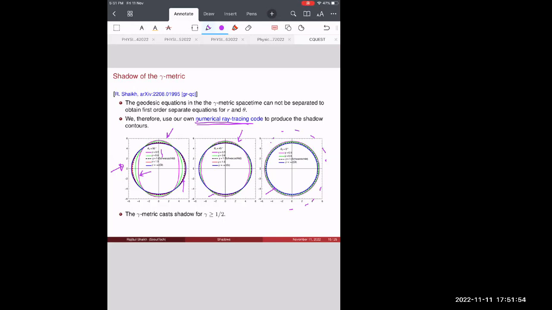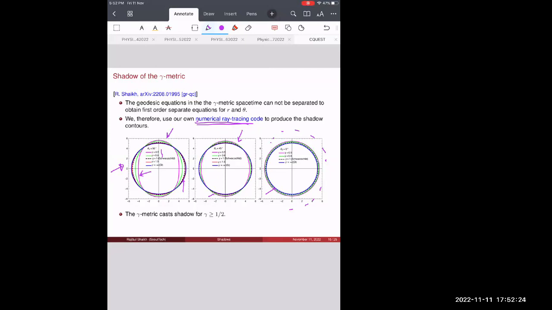Rajibul, in the formalism, the observer is infinitely far away from the source. When you compute the alpha and the beta, the distance from the source to the observer is infinity.